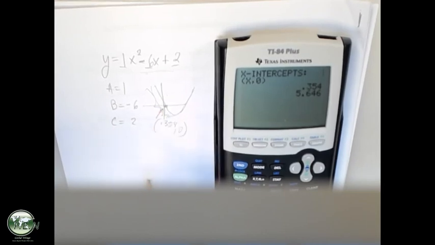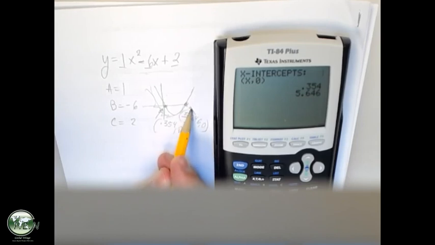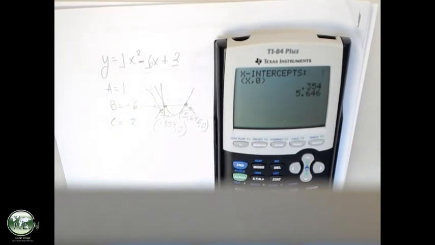So that's one X-intercept. And the other one's over here at 5.646, 0. Okay. So it's a way that you can visually sketch the graph, and then you start labeling them. So as they ask for answers, when they ask for X-intercepts, you say, okay, there they are.